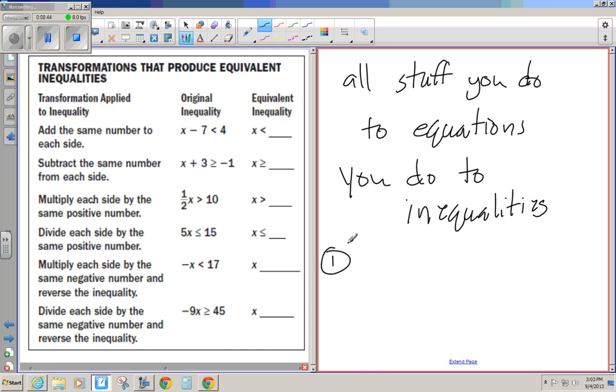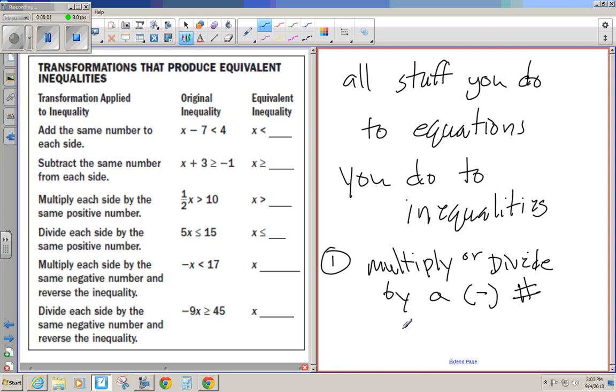There's one exception. If you multiply or divide by a negative number, you have to change the inequality.